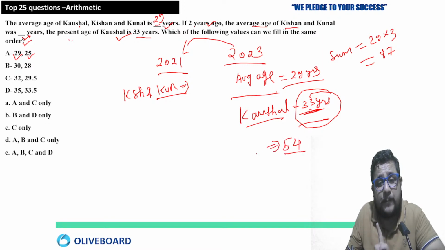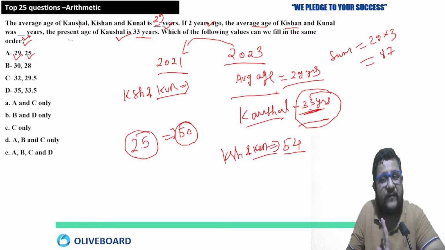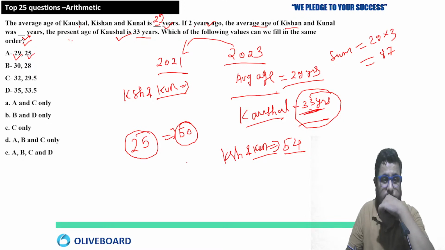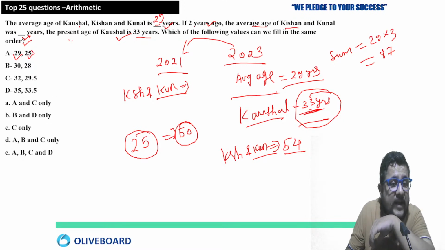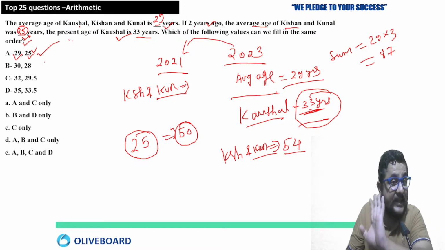So this is at present the sum of the ages of Kishan and Kunal. But 2 years ago, their age sum will be 50, which means their average is going to be 25 in that scenario. Is 25 given? Yes, for the second blank the value is 25. So the first option is satisfying the condition.